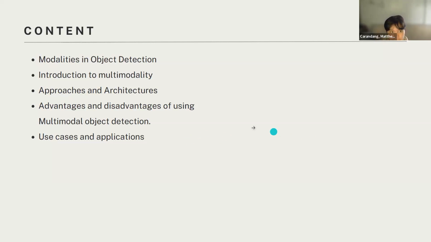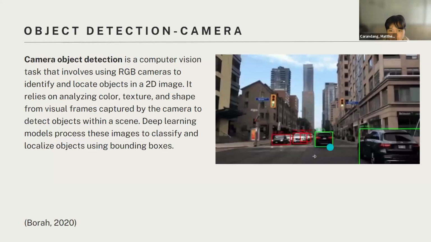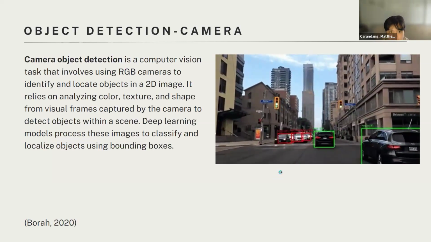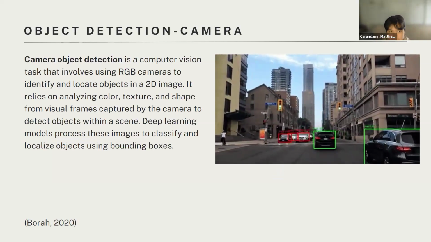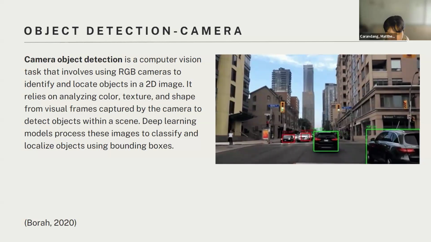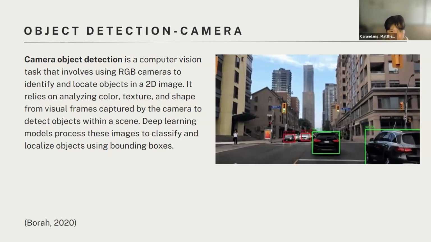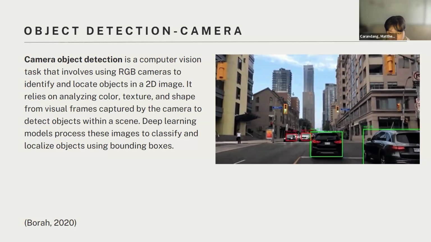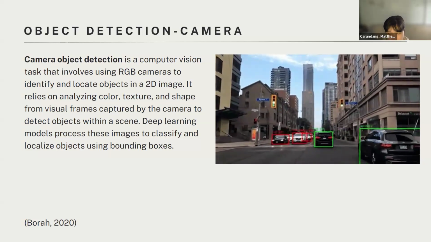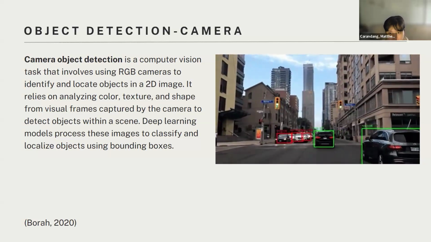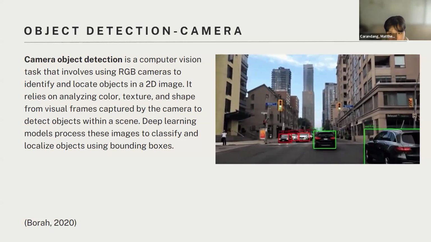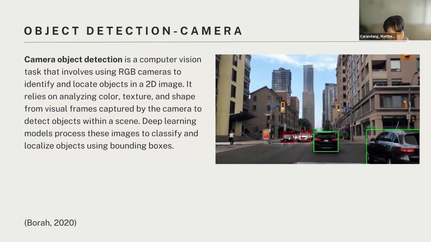So starting off with modalities in object detection, we have the most recognized one, which is the camera. The plain camera is the most commonly used in object detection, and it's one of the things that people think of when they think of object detection.